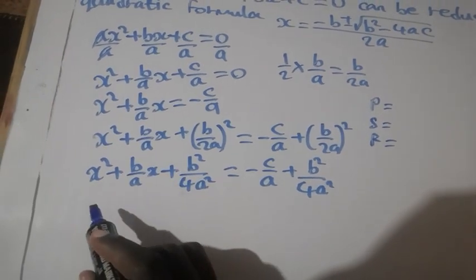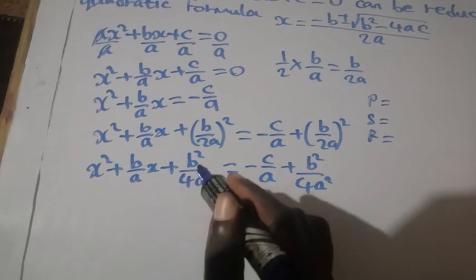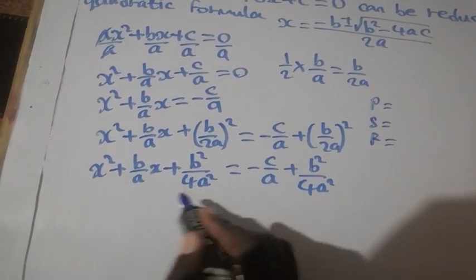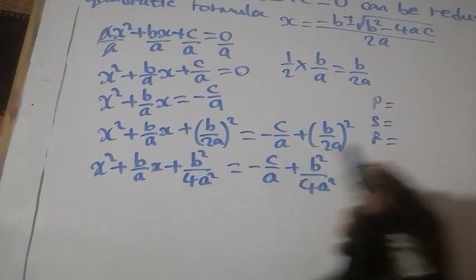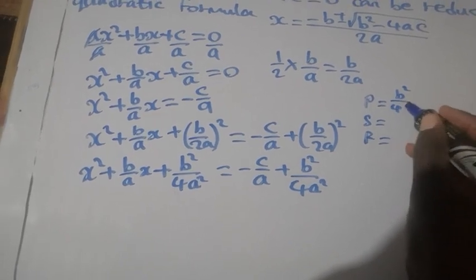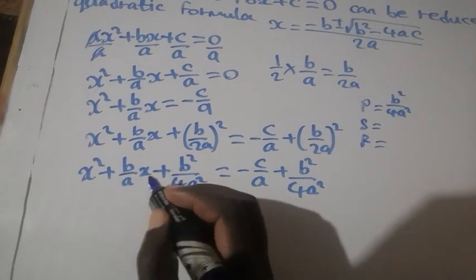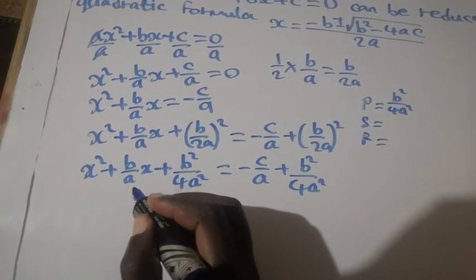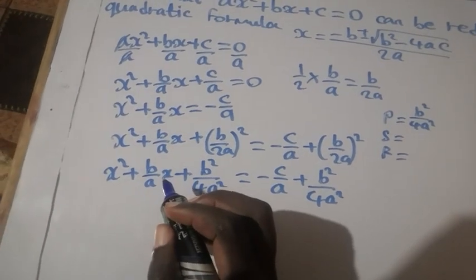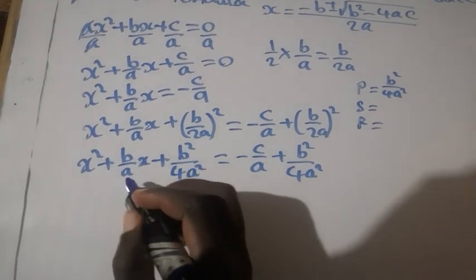The product is the coefficient of x squared times b squared over 4a squared, so 1 times b squared over 4a squared, which is b squared over 4a squared. The sum is the coefficient of x, which is b over a.